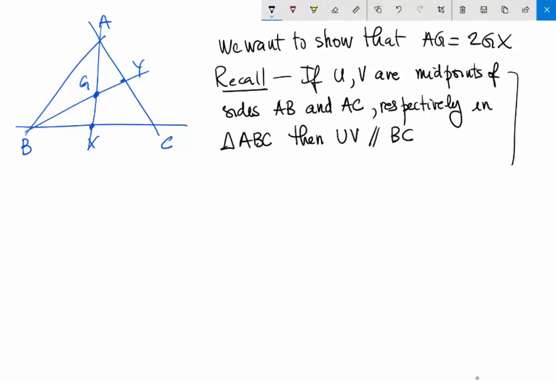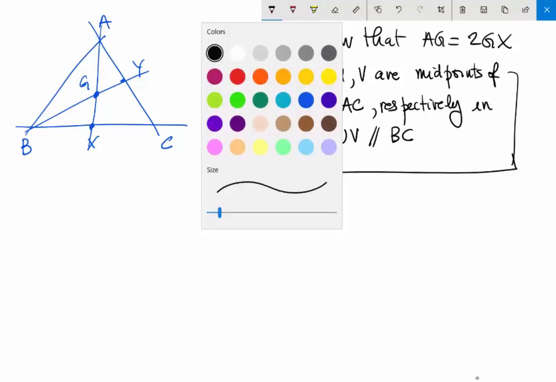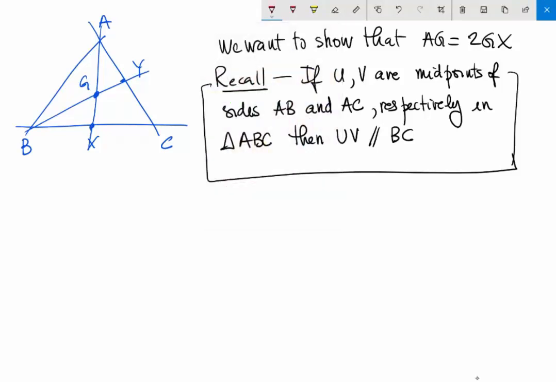So remember this result which we have seen a while ago. Then if we appeal to this result, because X is the midpoint of BC and Y is the midpoint of AC, the line XY has to be parallel to AB, right? Yes, XY is parallel to AB.